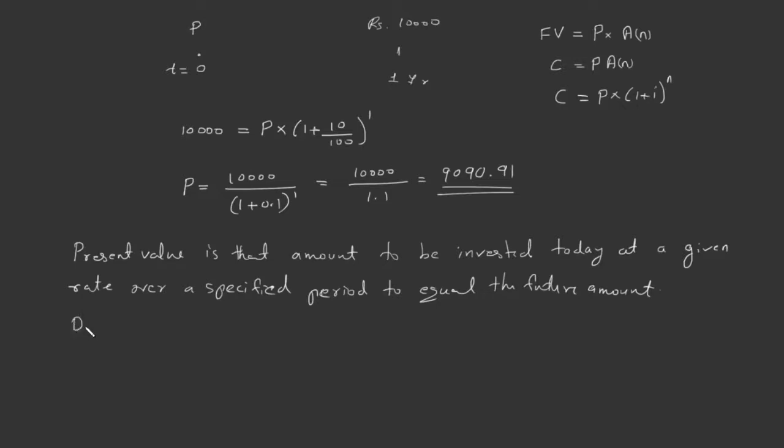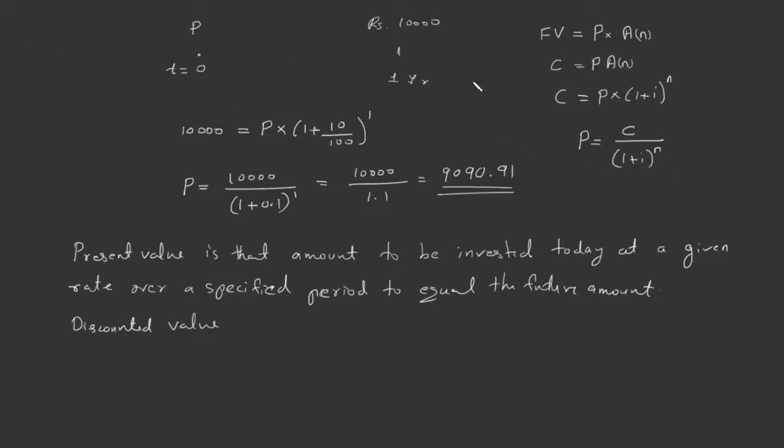This is also called a discounted value because the future value is discounted to find the present value. From this, we can easily find a formula for present value. The present value is equal to C divided by (1 plus i) the whole raised to n.